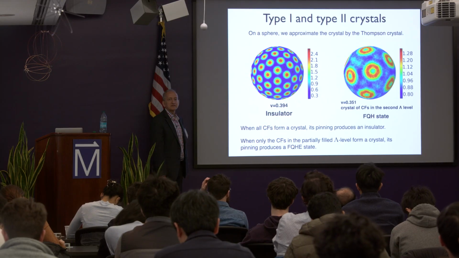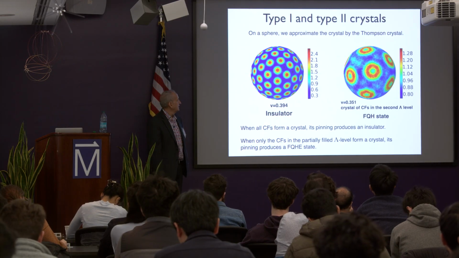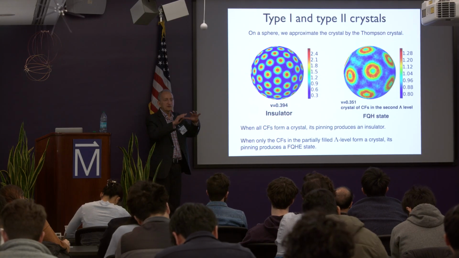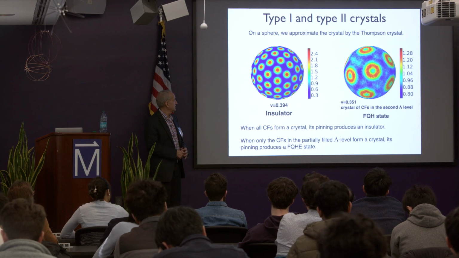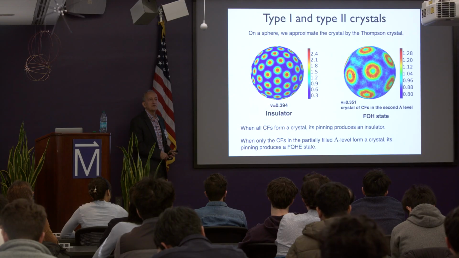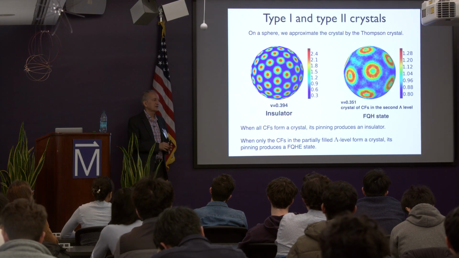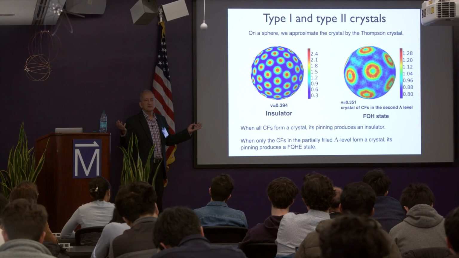We like the spherical geometry for many reasons. Now you cannot put a crystal neatly on a sphere, so what we do is we consider what is called a Thomson crystal. Lord Thomson, a long time ago, was trying to make a model for atoms.